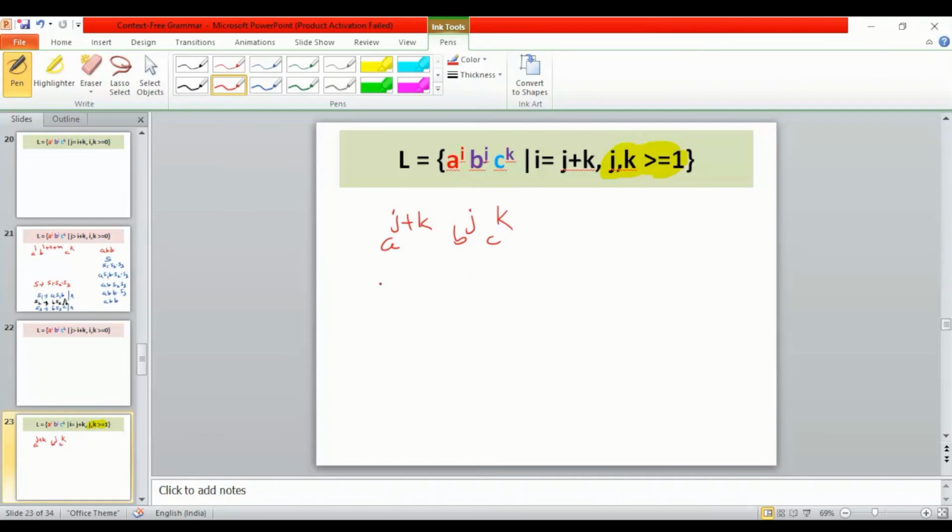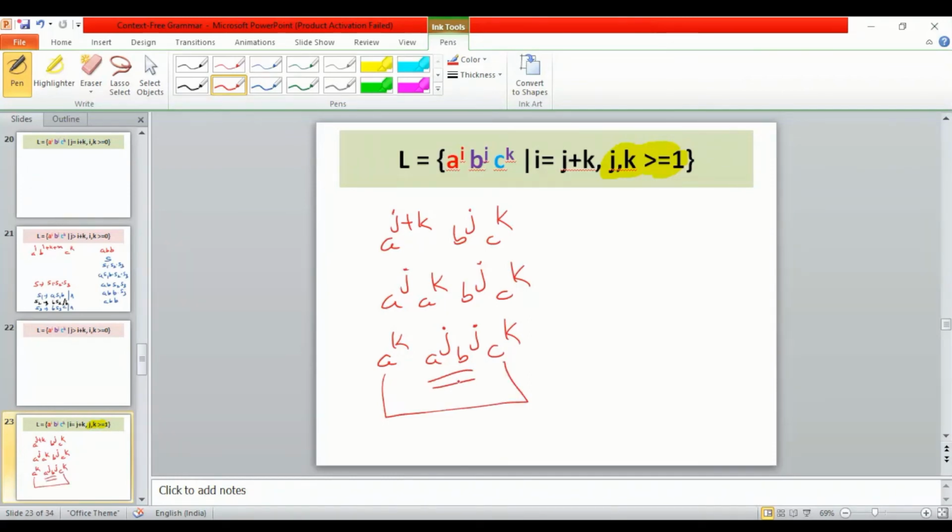And for this we'll write A raised to J, A raised to K, B raised to J, C raised to K. Further, if we rearrange this, because both J must be together, we have to rewrite this: A raised to K, A raised to J, B raised to J, and C raised to K. So now here you can see the group.